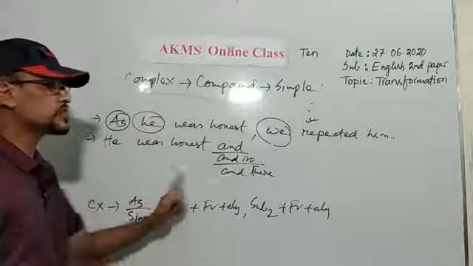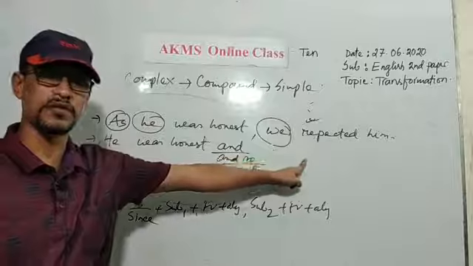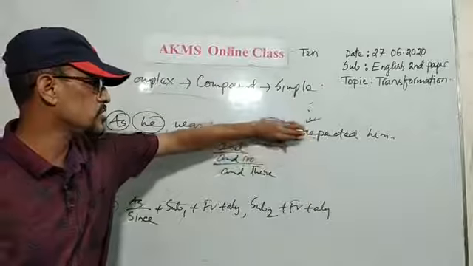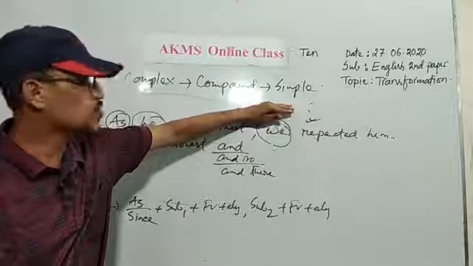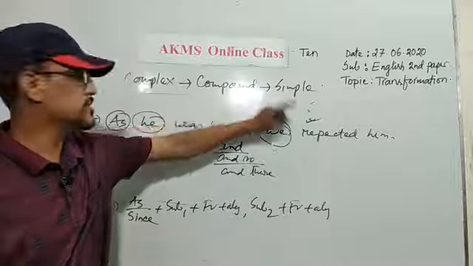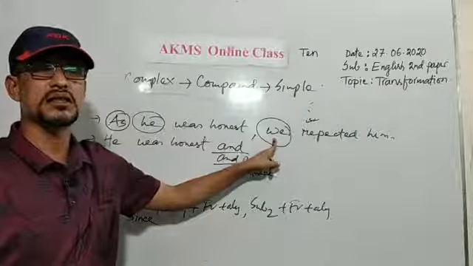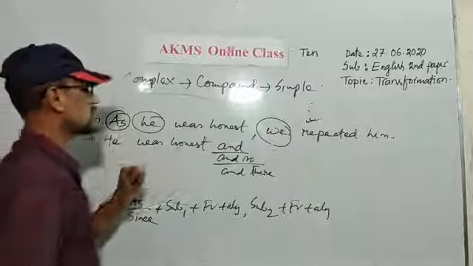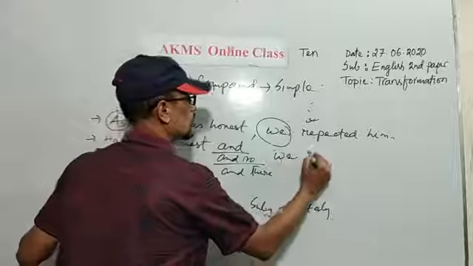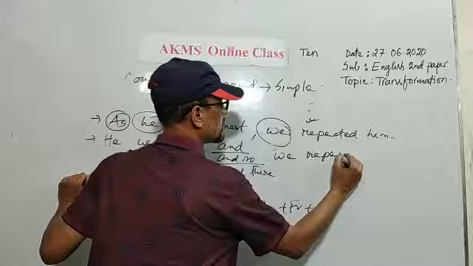Then you should use the full clause, full principal clause. You need not erase the subject. You cannot erase the subject because both the subjects are different. He was honest and so we respected him.